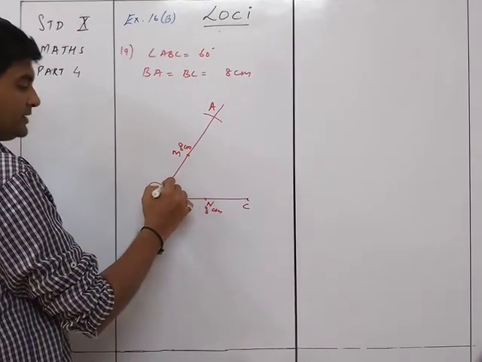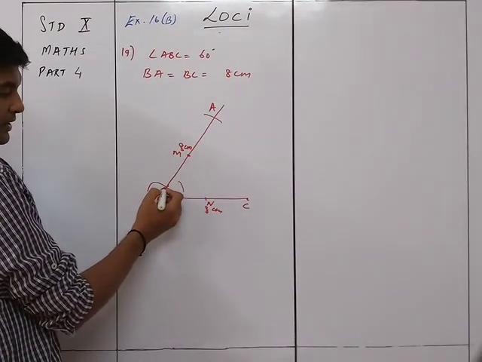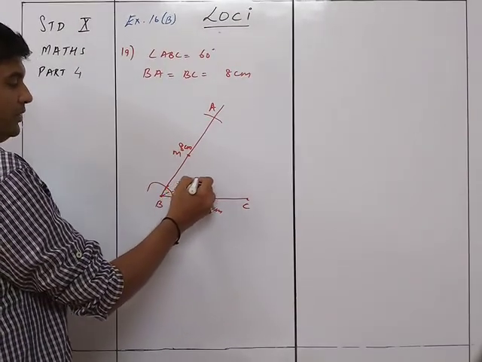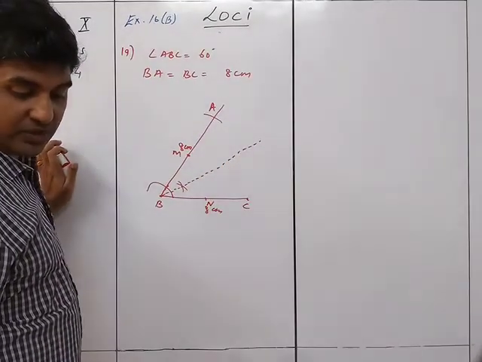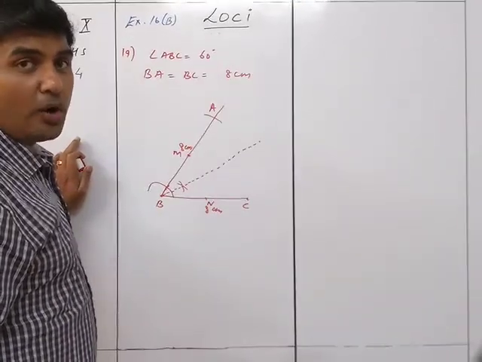So from the arc you have drawn from here, you draw an arc here and draw an arc here. So this is your required first answer, that is the locus of the point which is equidistant from BA and BC.